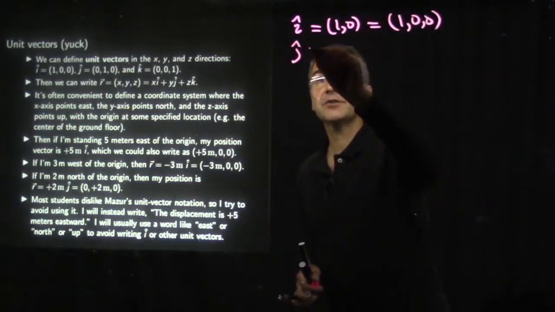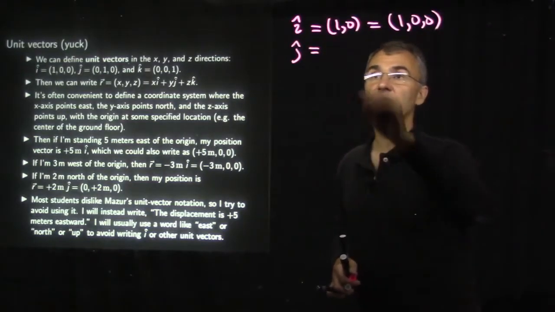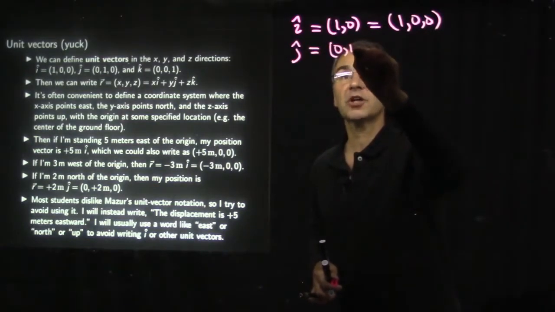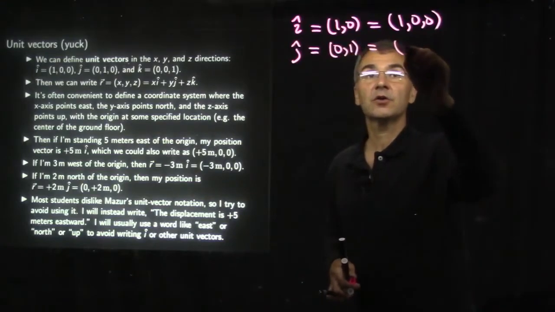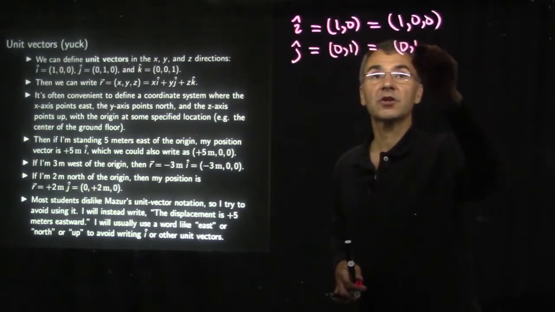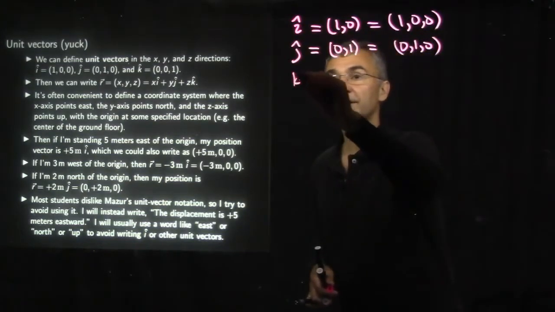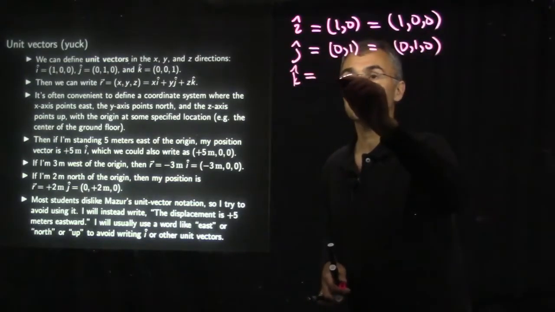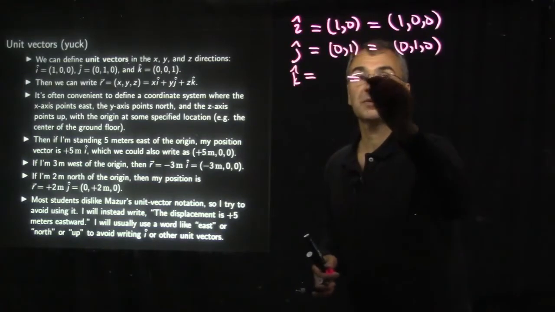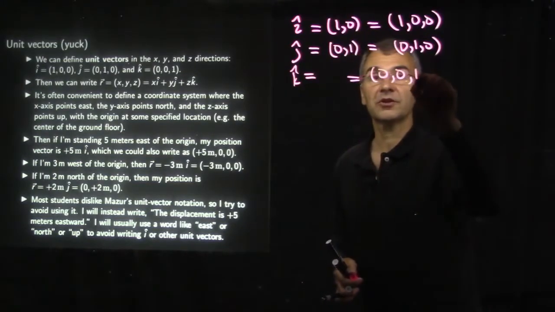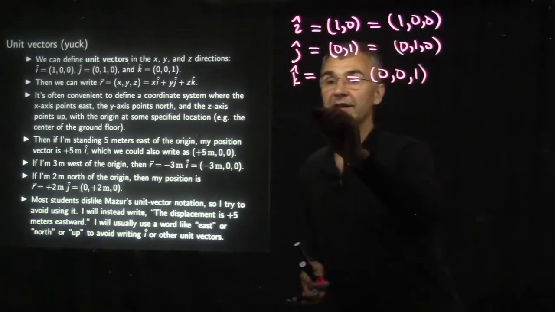And then we could make another unit vector j hat in the y direction, which would be 0, 1 in the plane, or it would be 0, 1, 0 in three-dimensional space. And we could make k hat, which is a unit vector in the plus z direction, which would be 0, 0, 1.